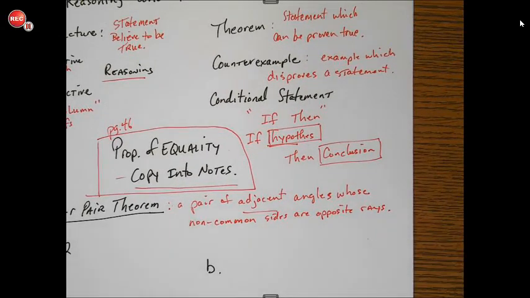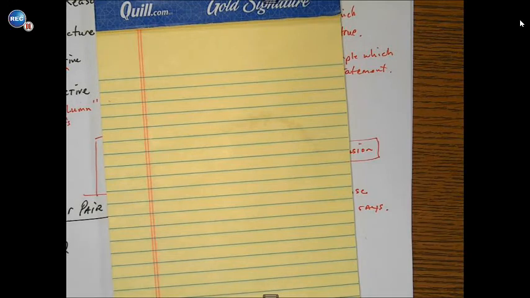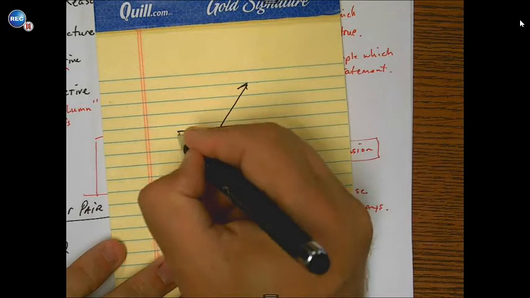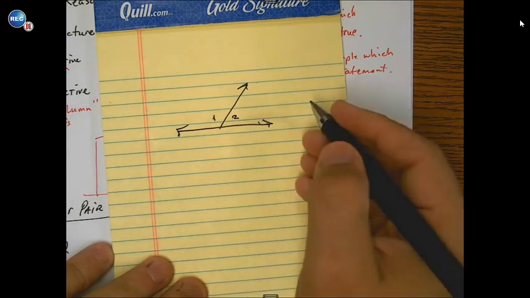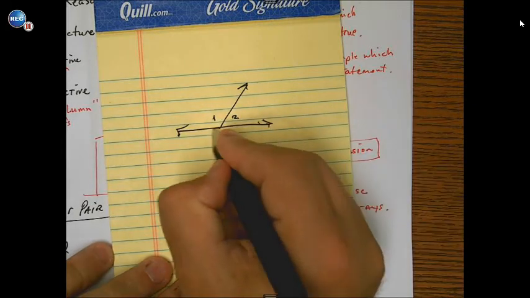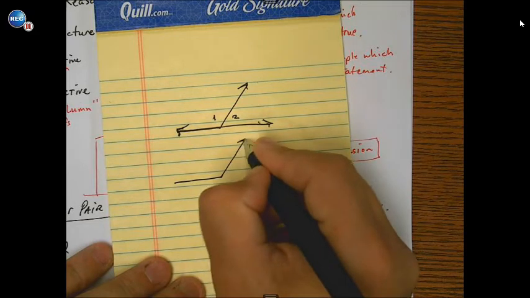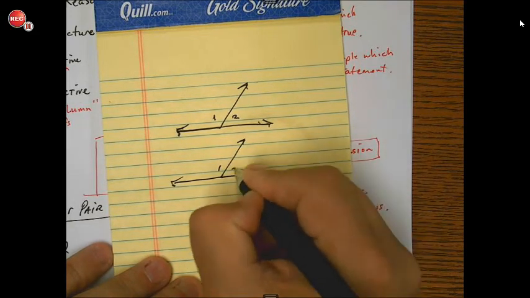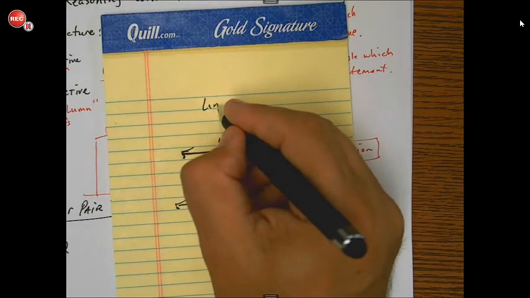All right, so what does that mean? That means this, okay? Let me show you in a picture like this. Angle 1 and angle 2 are adjacent angles. We can write them as two separate angles like this. There's one angle, and there's the second angle. These are what we call a linear pair.